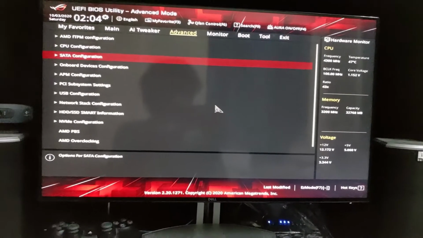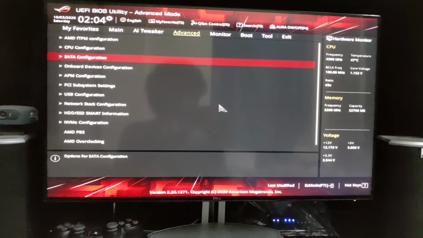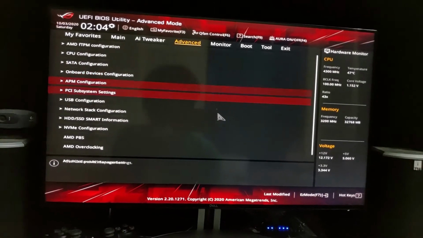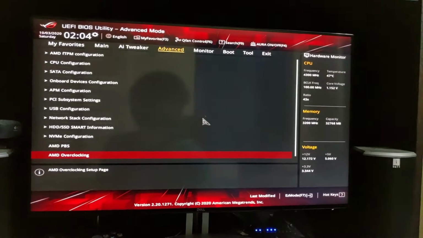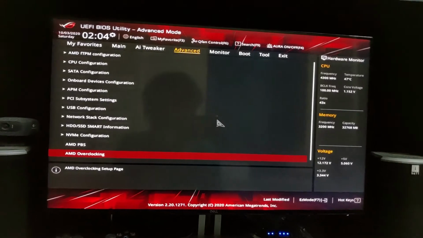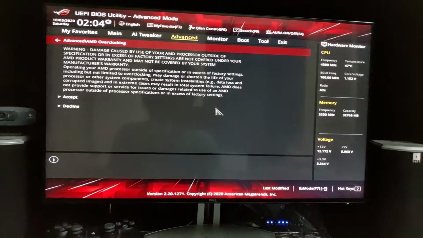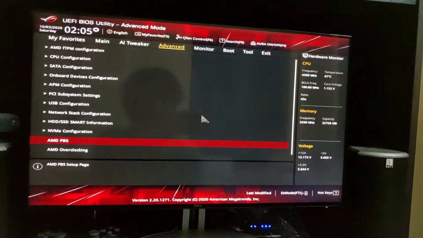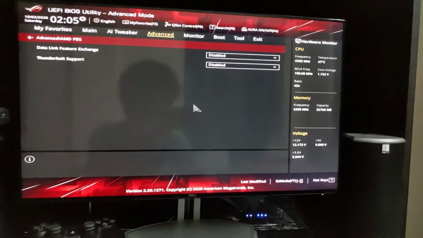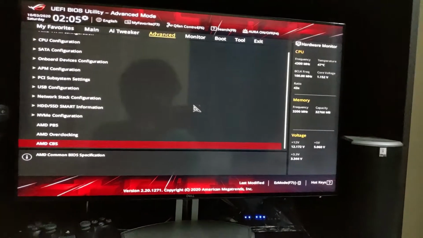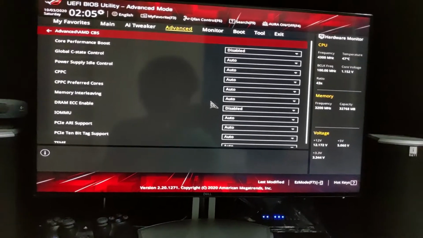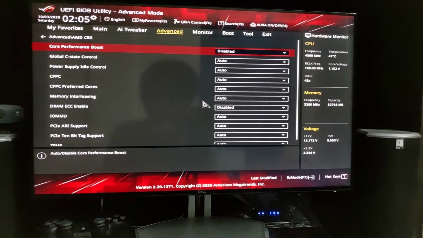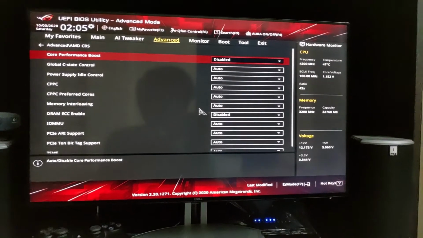Some other things to consider while overclocking, let me focus my camera again. If you are considering overclocking your CPU, you might want to disable core performance boost. You are going to get that setting under AMD CBS, which contains all these settings, and here you can see the core performance boost, which I have already disabled since I have manually overclocked the CPU.